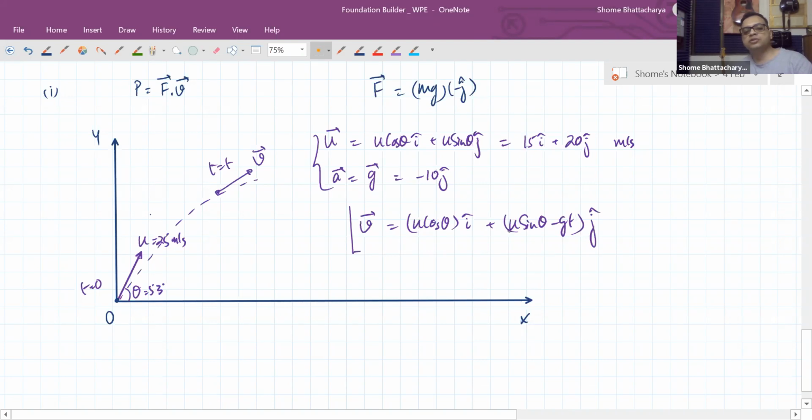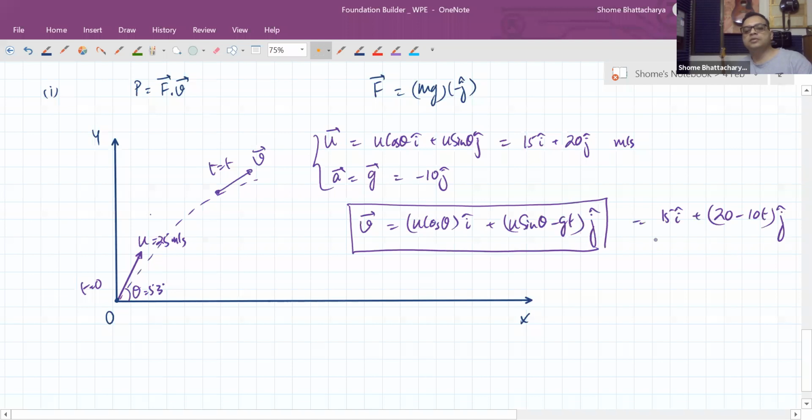This is the property of projectile motion. So in this case, this will become 15 i cap plus (20 minus 10t) j cap. This is the velocity at time t, the instantaneous velocity. This is what we have to use over here. Yes, Kunj, very good. That's correct.